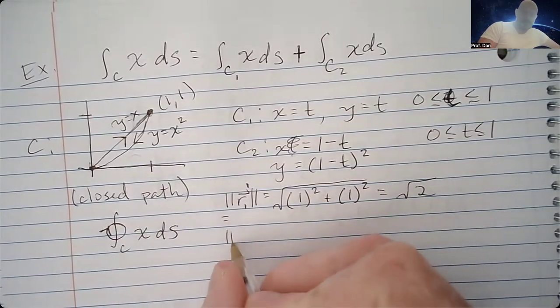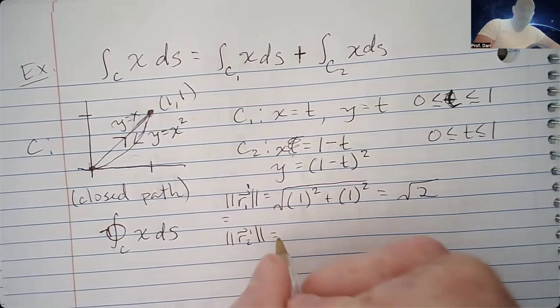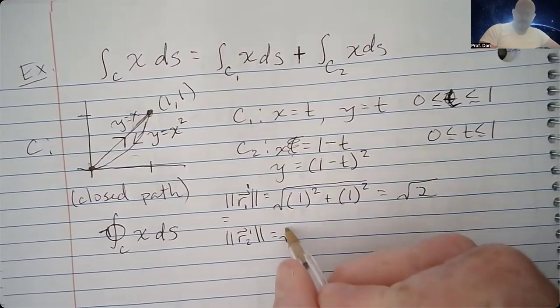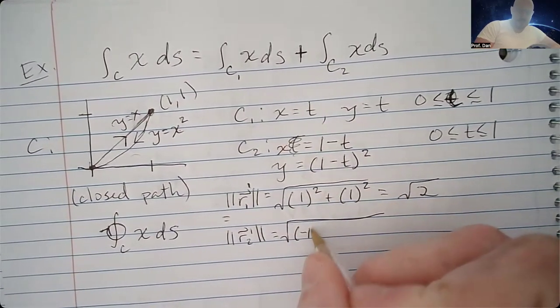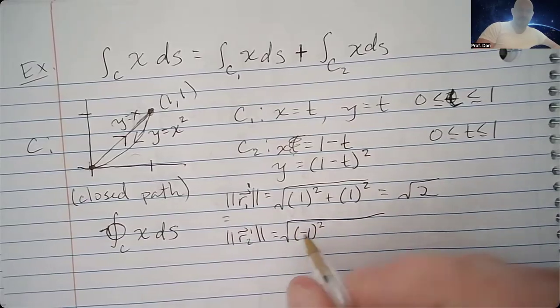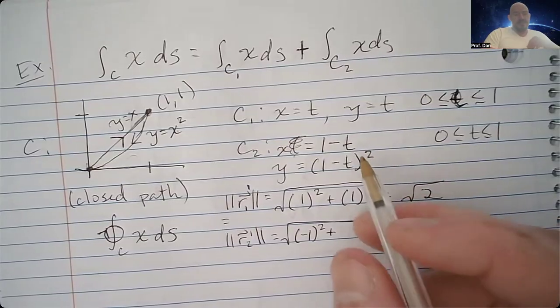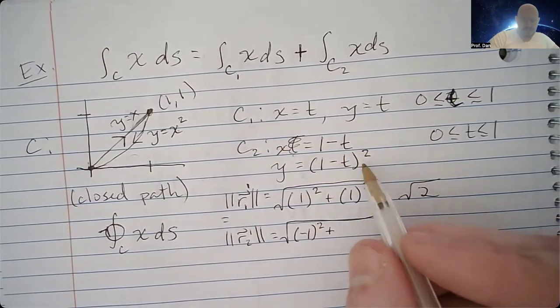Now, if I go to the second path, we want to look at the magnitude of r2 prime. So the derivative of x with respect to t would be -1. Parentheses are important here. Then if I take the derivative of y with respect to t, I have to use my chain rule.